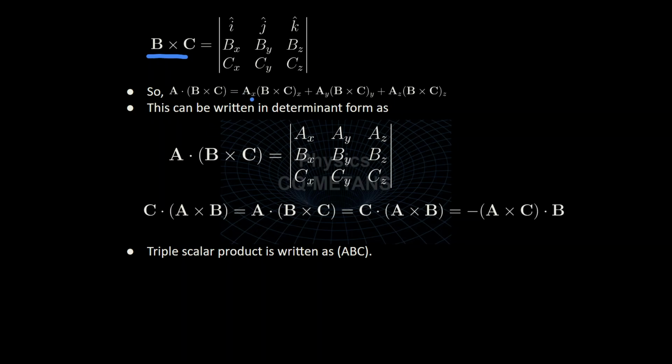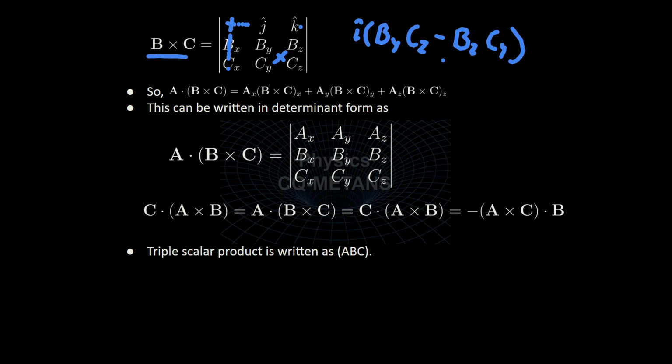So I will just write this component, what this B cross C x represents. So for i cap, what we do is we neglect this row and column and we multiply these two. So we get i cap times ByCz minus BzCy.